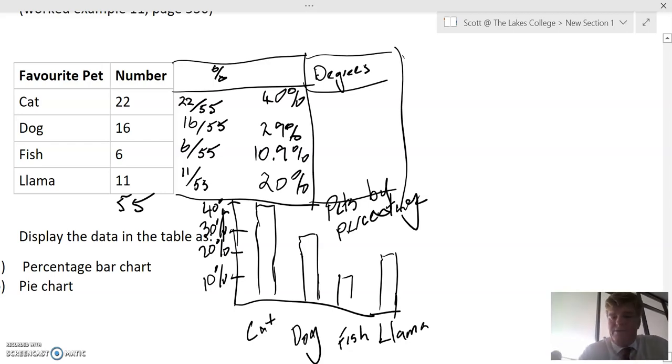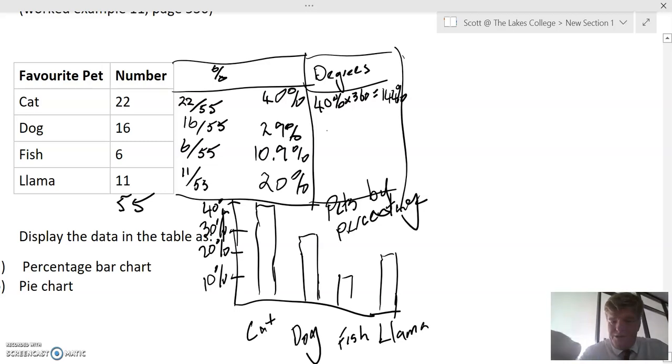There's 360 degrees in a circle, so the cat wedge is going to be 40%. 40 divided by 100 multiplied by 360, which is going to give us 144 degrees. So that's the first wedge.